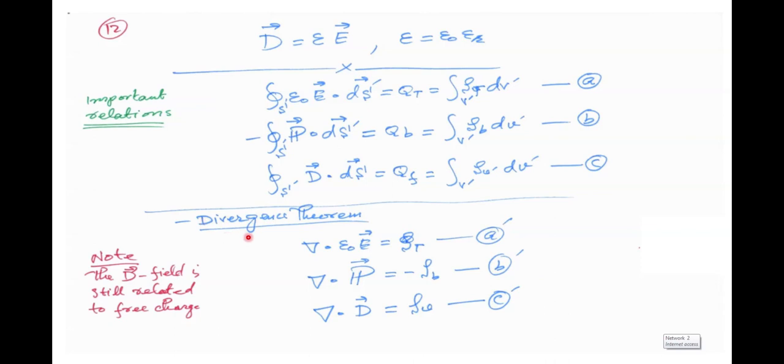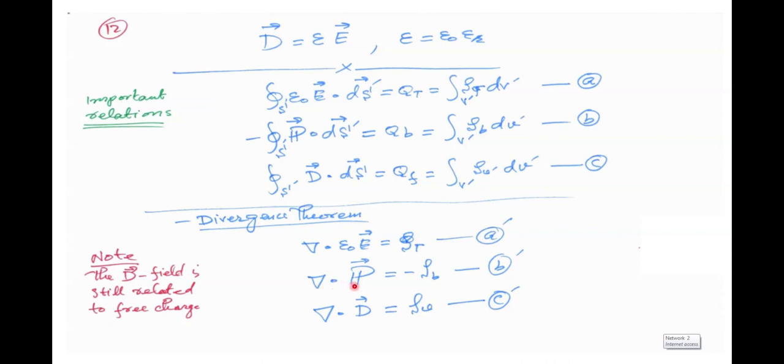So using the divergence theorem, we can obtain these three differential forms of the above integral relations, that is a prime, b prime, and c prime. That is, del dot epsilon naught E represents the divergence of electric field of total charge density at a single point.